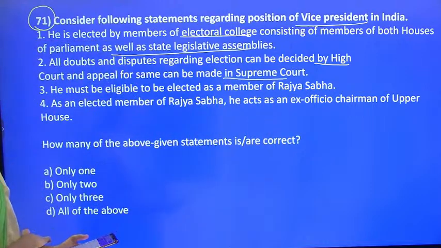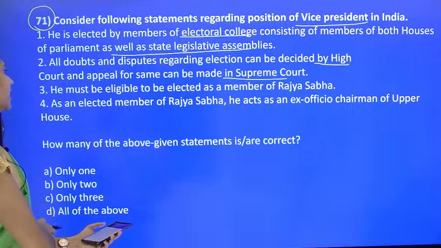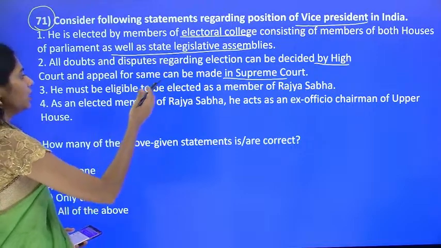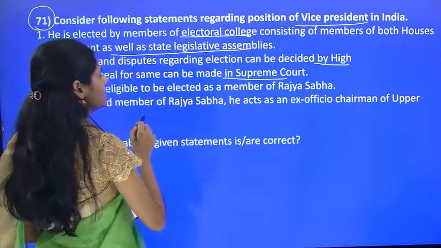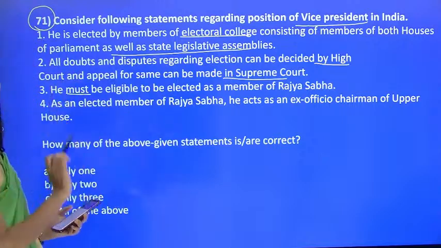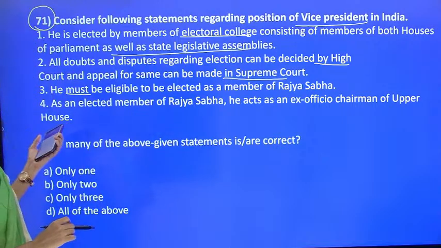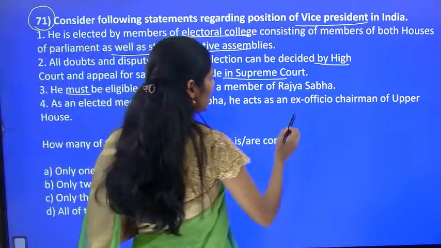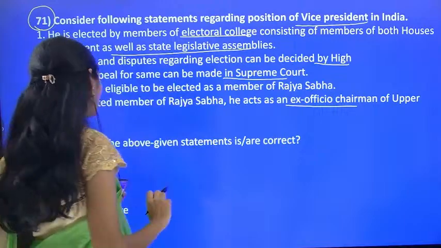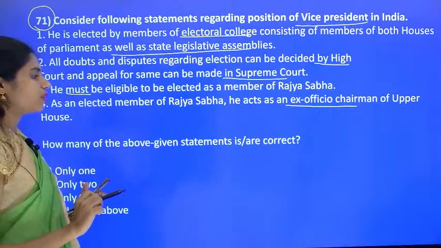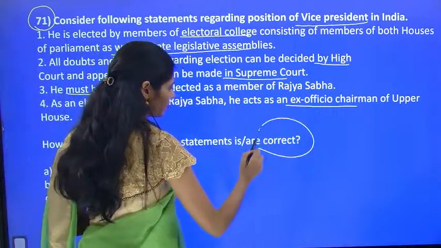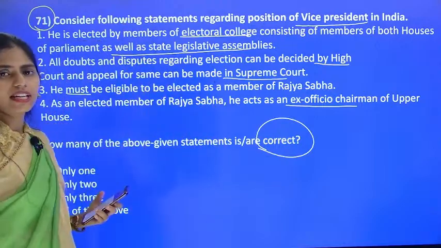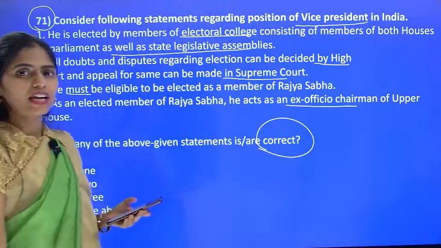The third is, he must be eligible to be elected as member of Rajya Sabha. And the fourth is, as an elected member of Rajya Sabha, he acts as ex officio chairman of upper house. So how many of the above given statements are correct? Read these four statements and tell me which statement you find odd.